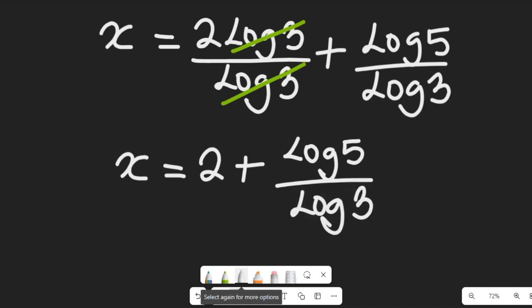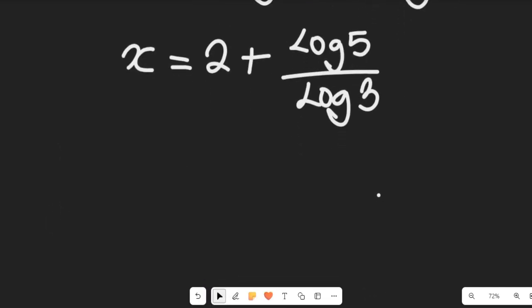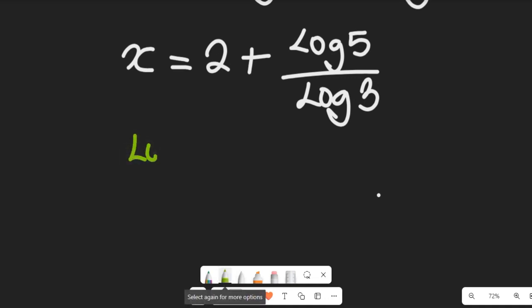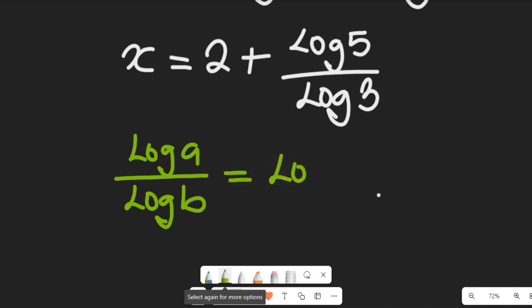Now remember one law of logarithms, the change of base rule. If we have the log of a divided by the log of b, then this is equal to the log of a base b.